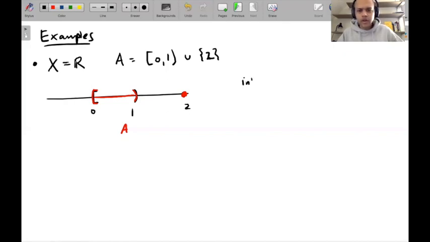So first of all, the interior points. These are points for which there exists an open set around that point, which is contained in A. And so you can see that any point in this interval 0 to 1 is an interior point. And these are the only ones.